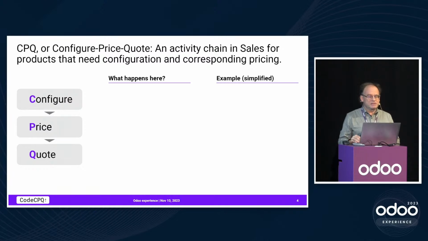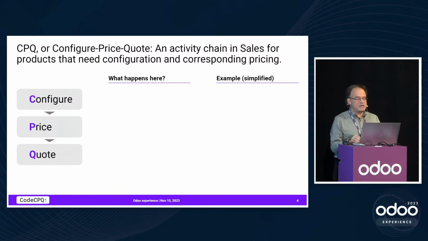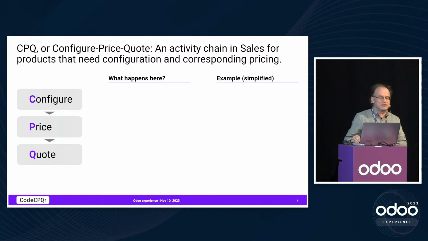CPQ means a process chain in the sales of products. It is especially helpful for products that require a certain configuration. The purpose of CPQ is to support the users, mostly sales staff, in the creation of offers. How does it happen?